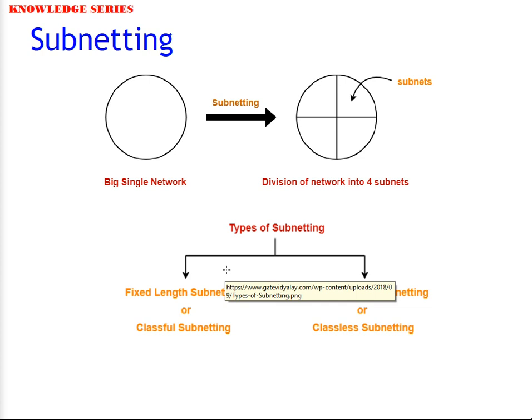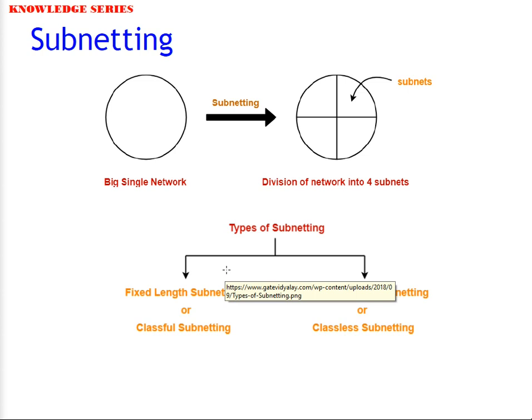Since the range is clearly defined in class A, class B, class C, this particular class of addressing is suitable for fixed length subnetting.